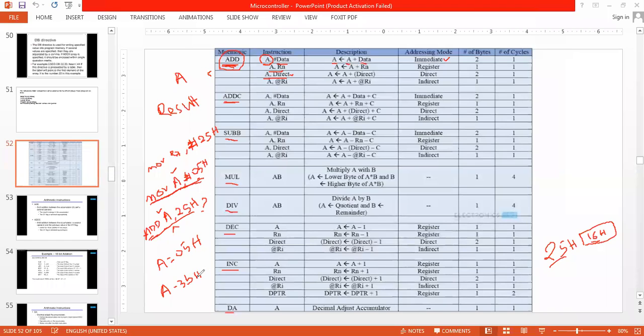Correct? Because 05... Oh, why is it 3B? Sorry, it is not 3B. What will it be? Yeah, 1BH. Nida has said that: 1BH.